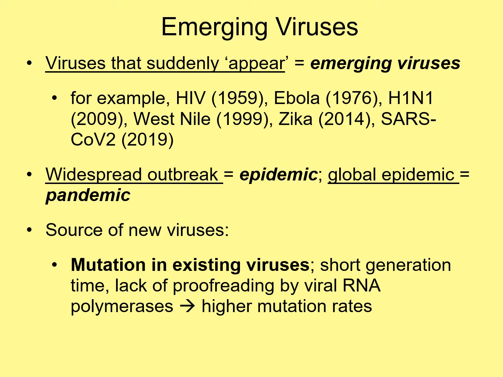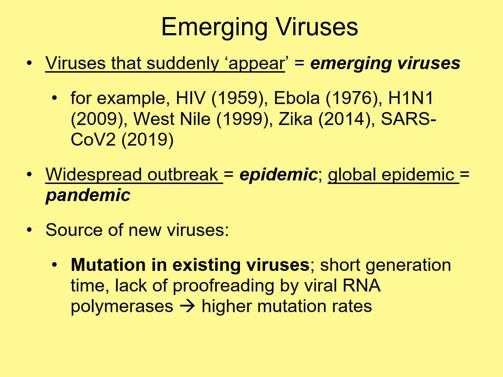So like I mentioned, we think a lot of new viruses are coming from mutations in existing viruses. As we've seen with COVID, again, that thing seems to mutate like nobody's business. And it's an RNA virus. RNA viruses, as we saw earlier when we were talking about replication, often have to bring their own viral enzymes to accomplish replication of their genetic material, because their host cells don't have the enzymes to be able to accomplish that.